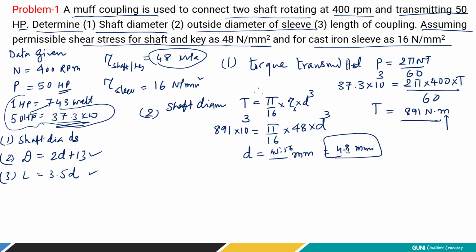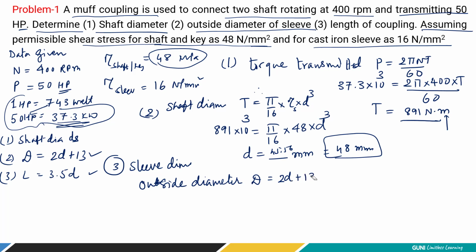Now, let's say third, the sleeve dimension. What is the outside diameter? Outside diameter of sleeve D is given as 2 times shaft diameter plus 13.